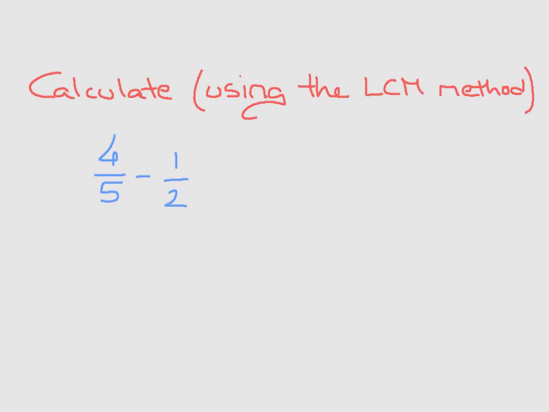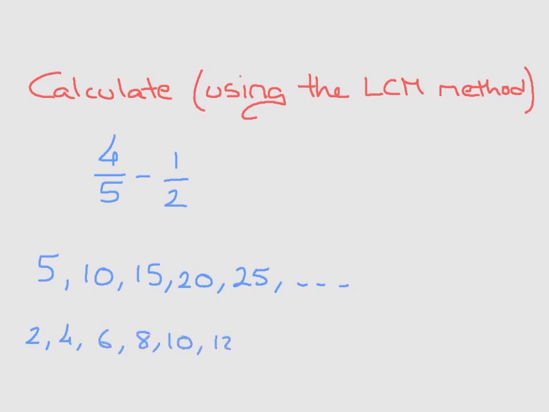And so, if I look at the multiples of 5, we have 5, 10, 15, 20, 25, etc. Similarly, the multiples of 2 are 2, 4, 6, 8, 10, 12, and so on and so forth.